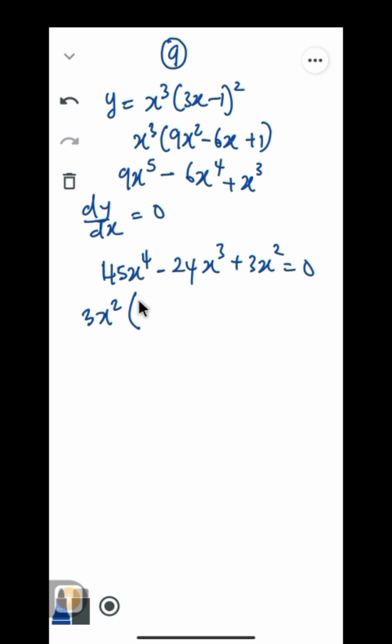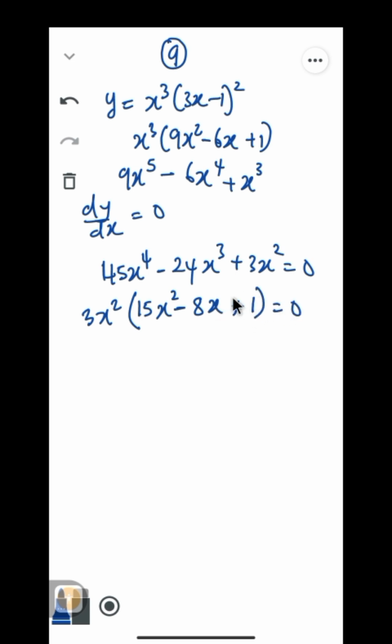Should give me 15x raised to power 2. So what I'm simply doing is using 3x squared to divide everything here, because it's the HCF. Minus 24x cubed into 3x squared should give me 8, because 3 into 24 is 8, x squared into x cubed should be just x. Plus 3x squared into 3x squared is 1, which is equal to 0.